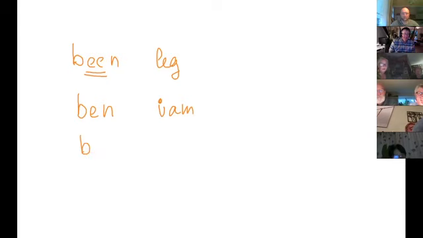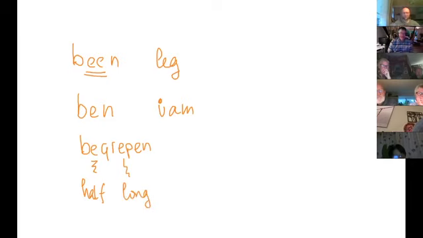Or begrepen. So this is a half tone, half length, and this is long. So in Dutch we have the difference between long E, short E, and half E.